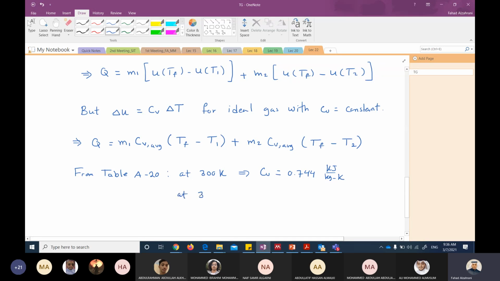At 350 Kelvin, I have CV as 0.746 kilojoule per kilogram Kelvin.